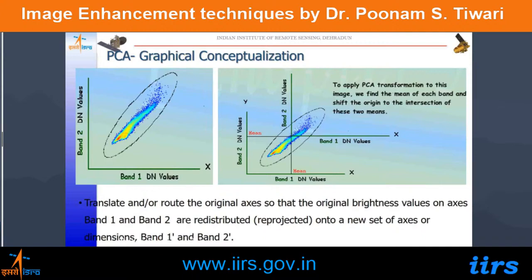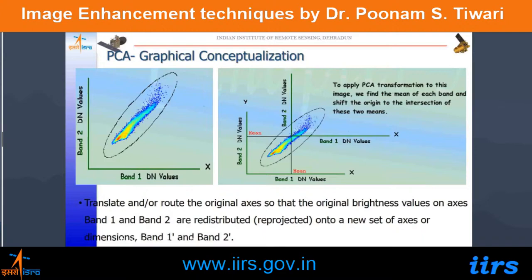After that, we will translate the axis system so that the first axis lies in the direction of maximum information. The direction of maximum information is the longer axis of the ellipse, and the second axis would now lie in the direction of the minor axis of the ellipse.